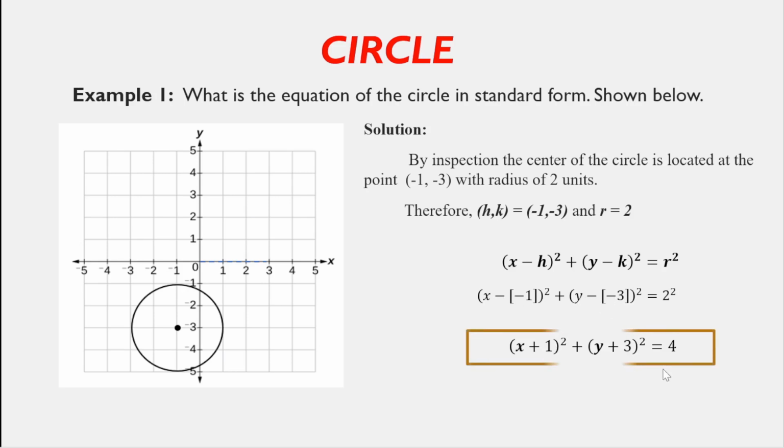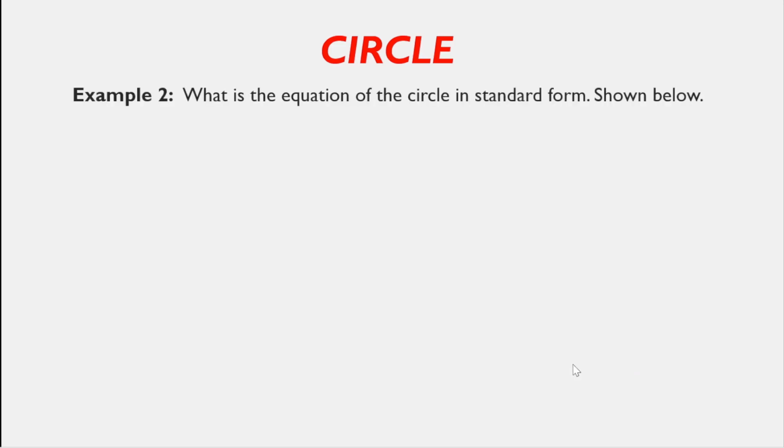So we can say the equation of the circle in standard form, with center (h, k) = (-1, -3) and a radius of 2, is (x + 1)² + (y + 3)² = 4.